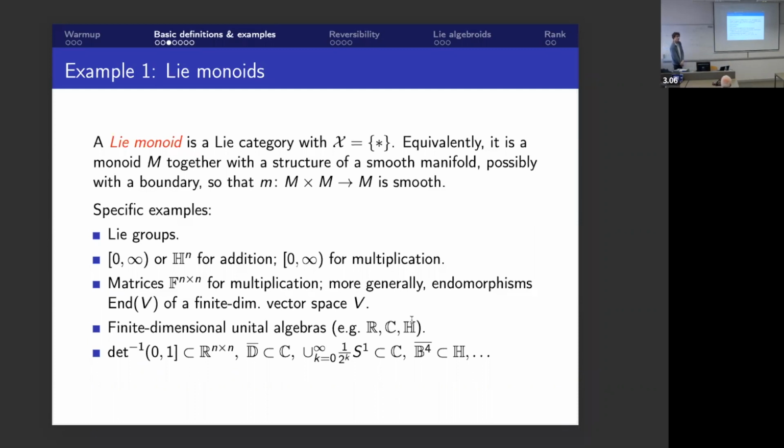Is this an open interval from 0 to infinity? If it's an open interval from 0 to infinity, then it's a group, right? For multiplication. Monoids also have units. Yeah, but the unit here for multiplication is 1. What is 1 times 0? 0.